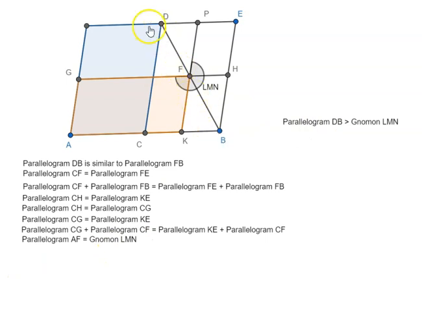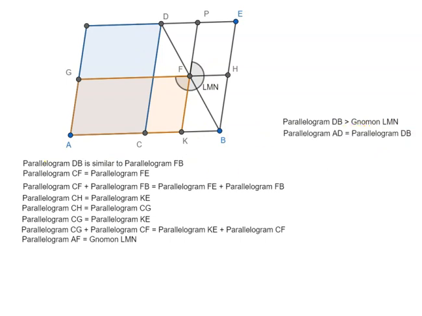Parallelogram DB is going to be greater than gnomon element. Yes, because DF is missing from this part. So, which means DB is going to be greater than gnomon element.